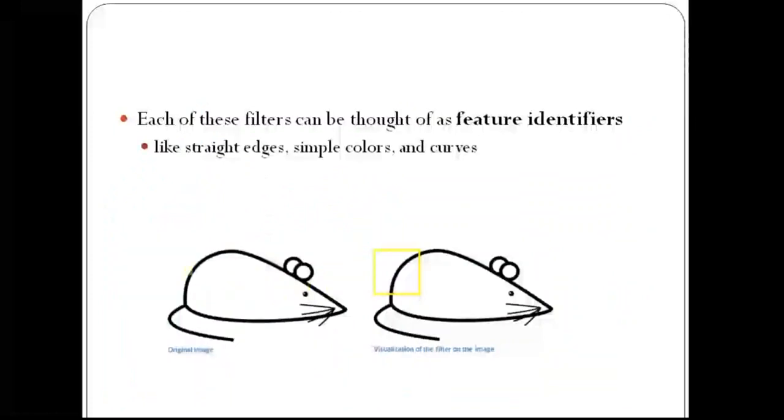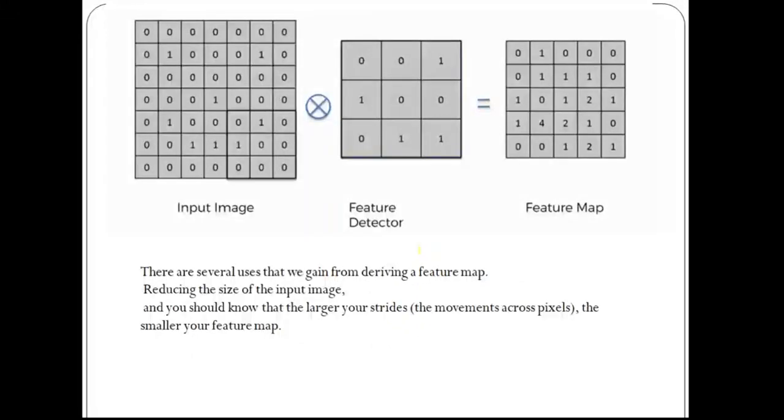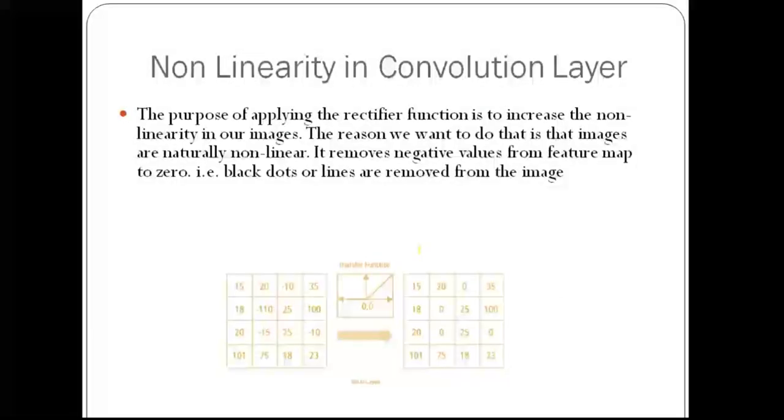Like in this image, we want to identify the curve shape. So this is the curve identification filter. What we are doing is, we have 3 elements: the input image, feature detector and feature map. The feature detector is nothing but the filter we are using, and from this filter we get the feature map. Then we apply non-linearity to this feature map using the ReLU function. The ReLU function gives the value max of 0 and x.